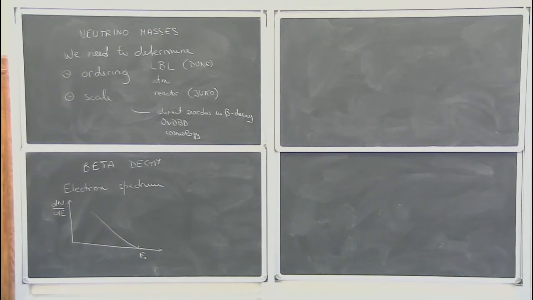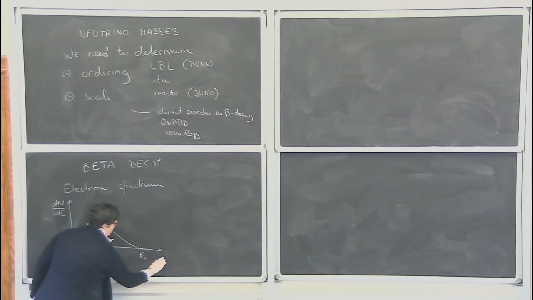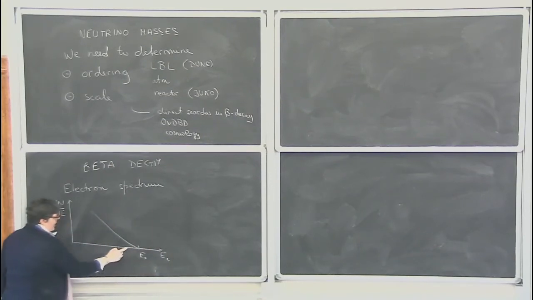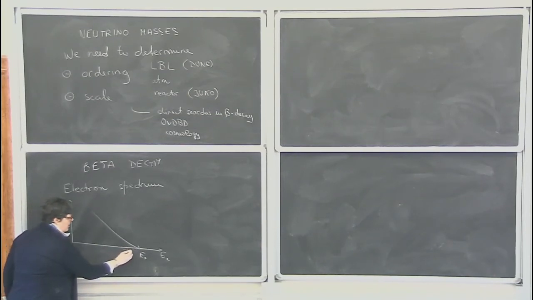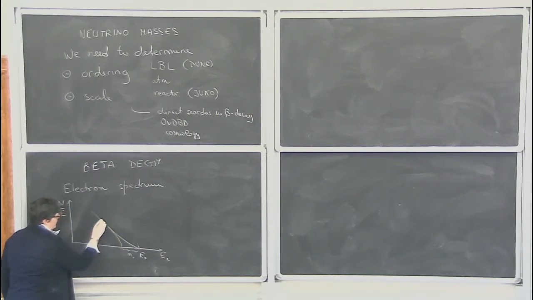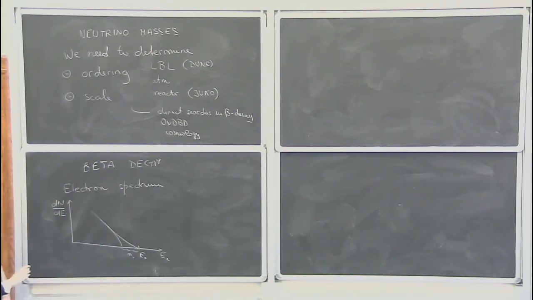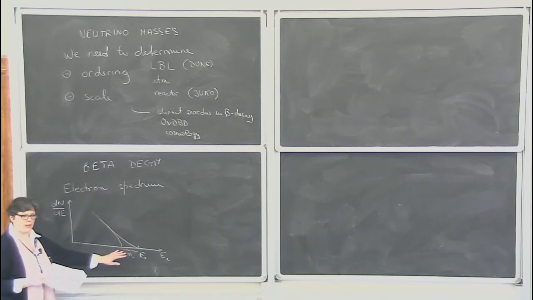Now, if neutrinos have a mass, then the electron energy cannot reach the endpoint, but will reach the endpoint minus the mass of the neutrino. And the spectrum will be deformed right at the endpoint. It is by looking at this very tiny deformation that one establishes a bound or tries to measure the mass of the neutrinos in beta decays.